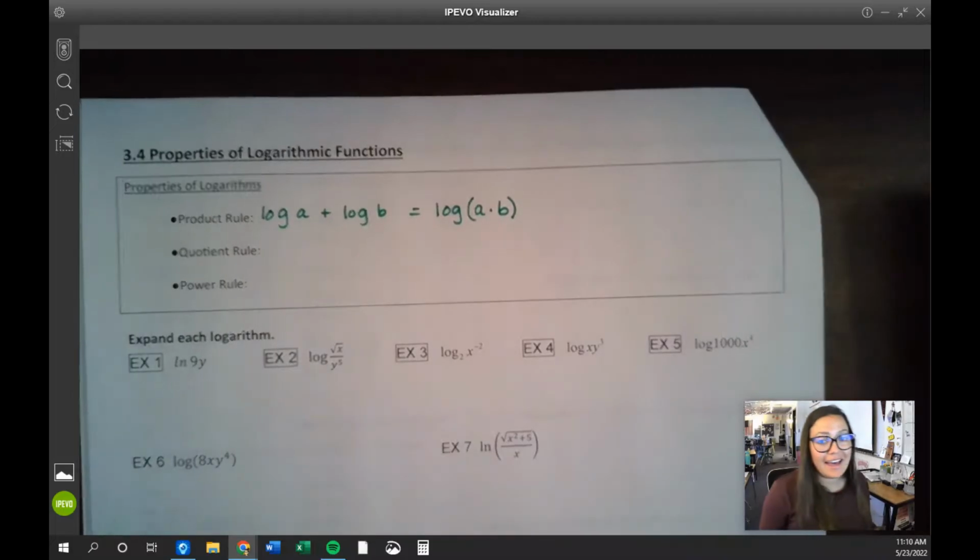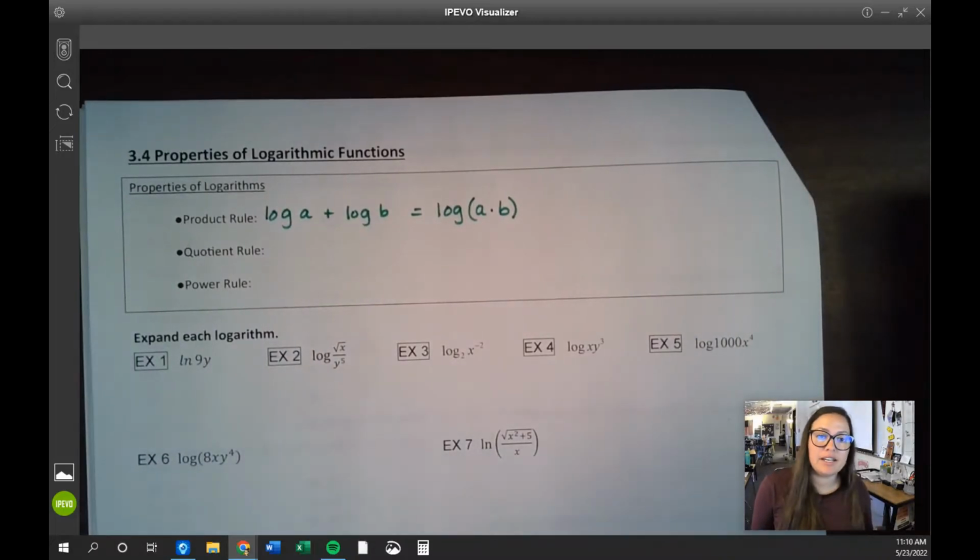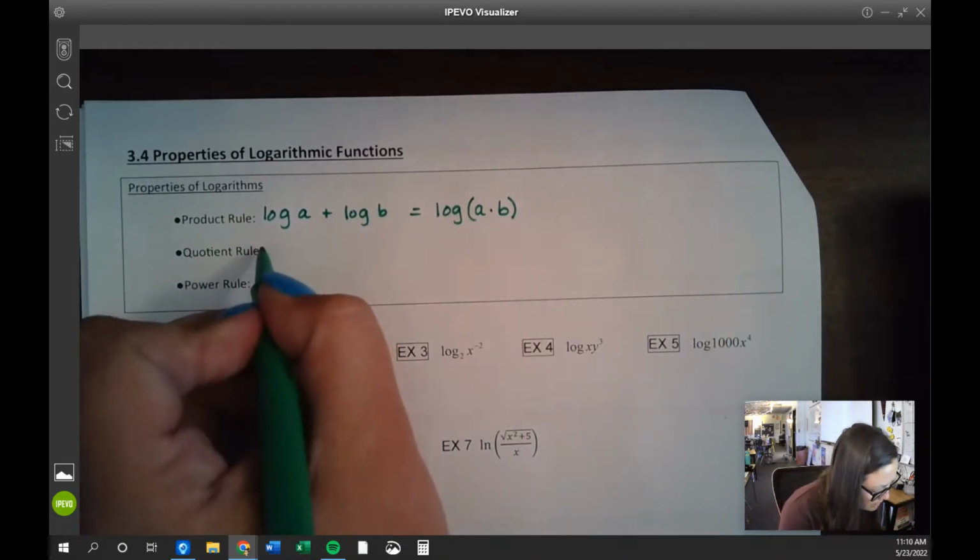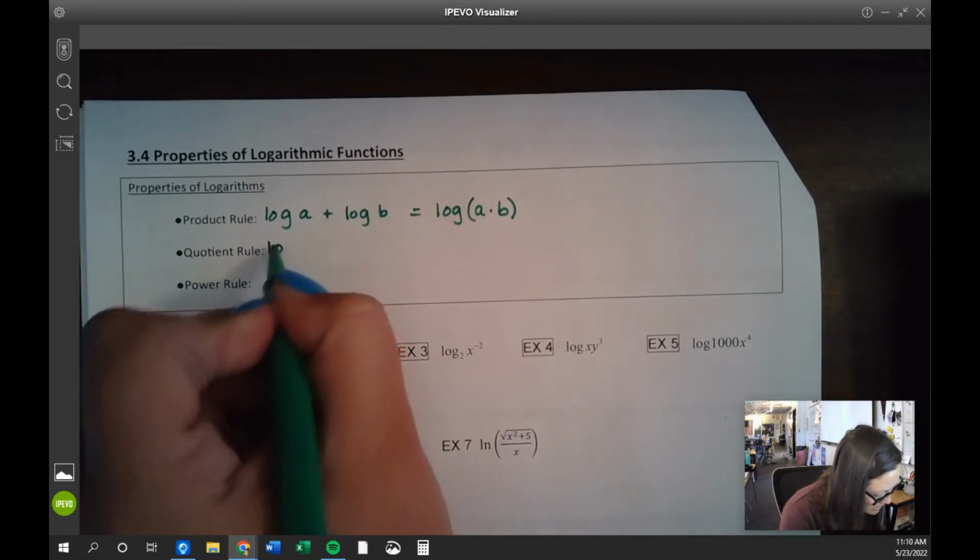Okay, so if I add logs together, it's the same as doing the log of one thing times the other thing. The quotient rule is the opposite.